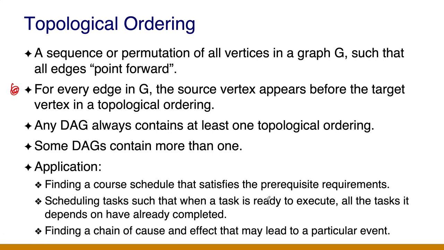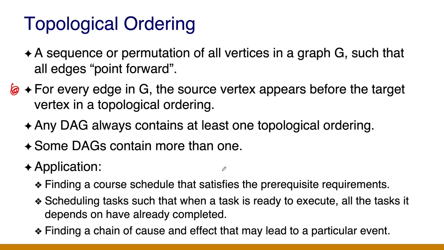With this topological ordering, applying it to the previous three examples that we talked about, you can, for example, use the graph to capture the dependency or prerequisite requirements of all the courses in SMU.